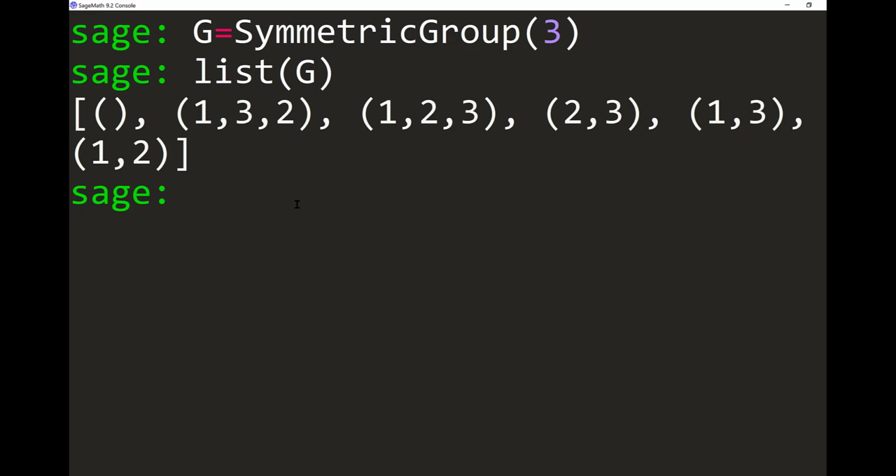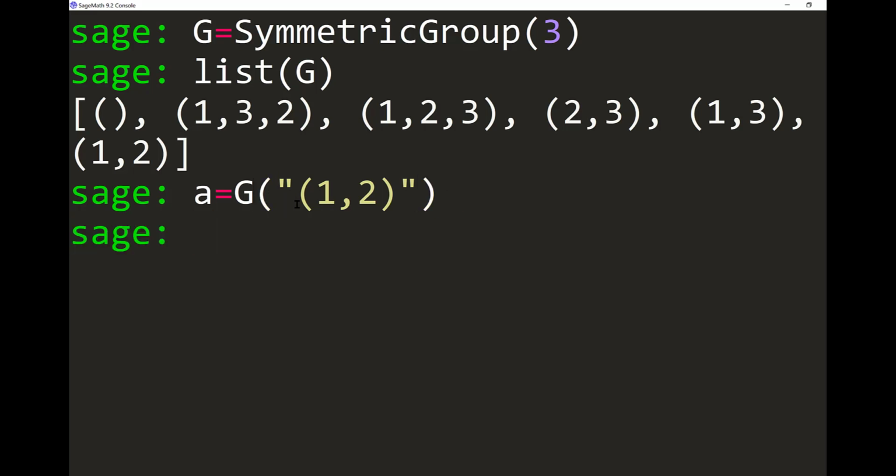Now let's select an element of order 2. For example, this is a transposition, remember? And this has order 2: (1 2) times (1 2) will be the identity.